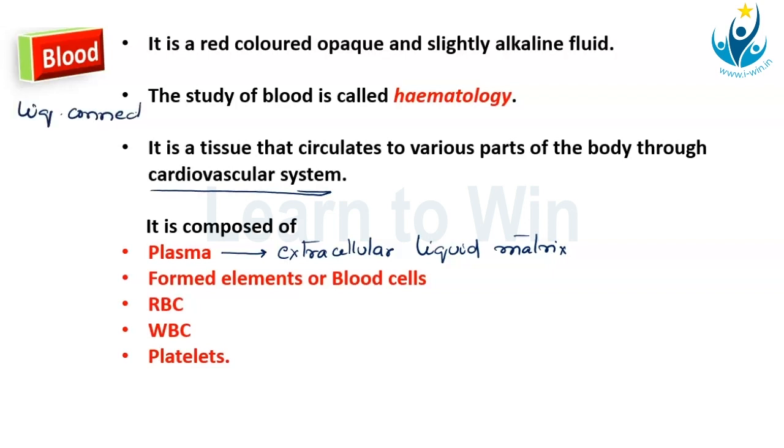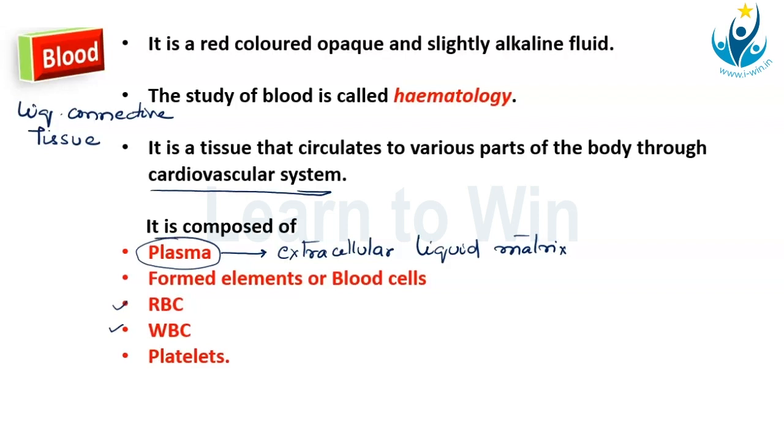It is a connective tissue because there are multiple types of cells present in the blood. What are those cells? As we have said, they are your RBC, WBC, platelets, and other formed cells. So different types of cells in one common matrix, and that common matrix is plasma.